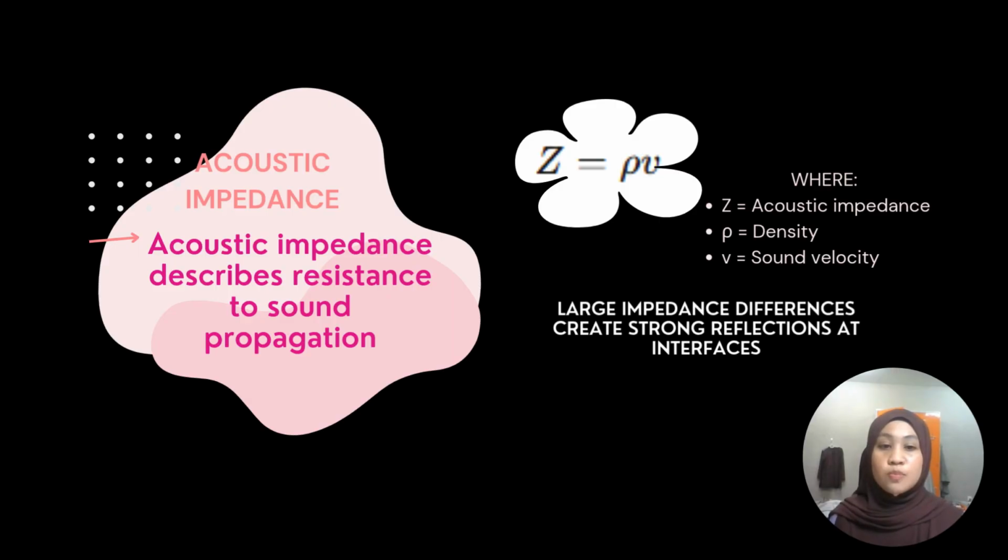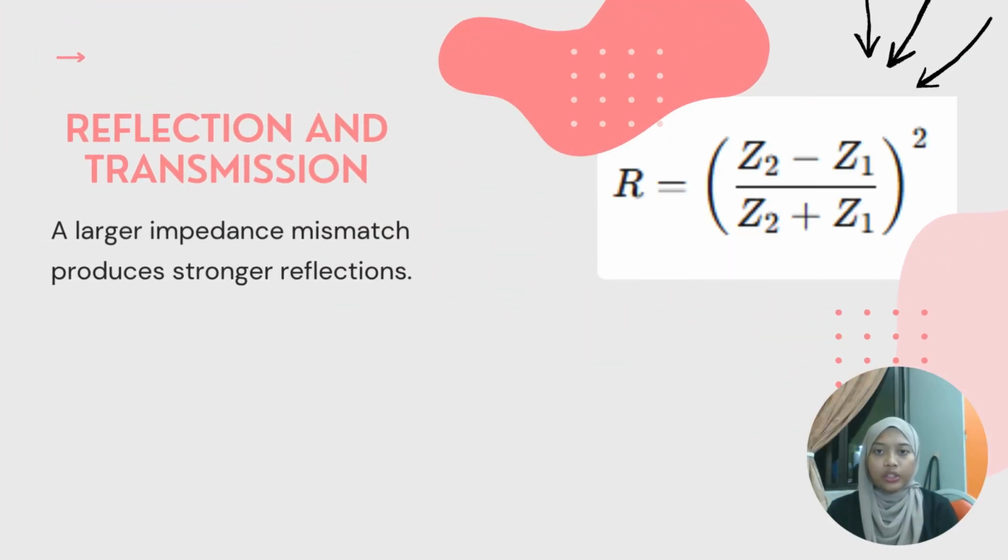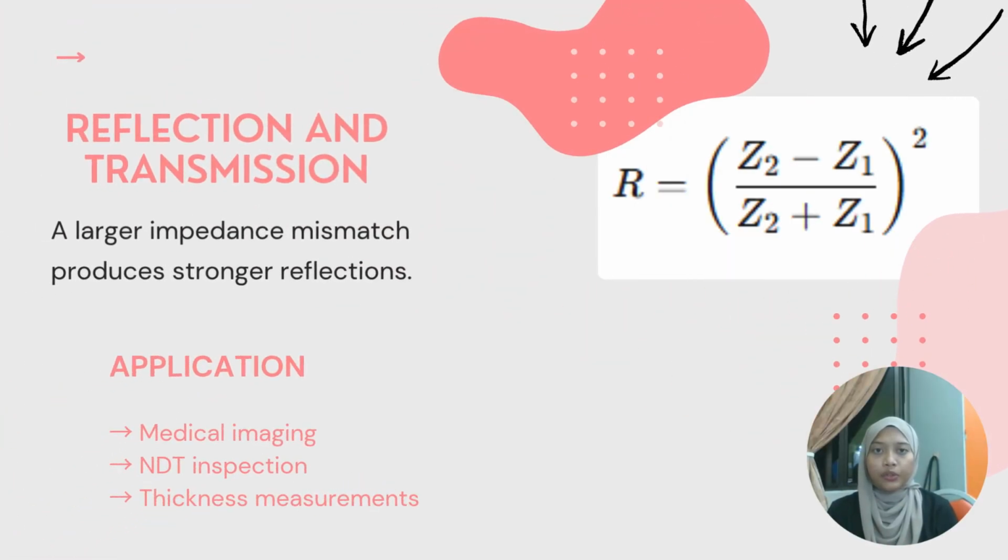To understand this process further, we need to examine wave reflection and transmission. When an ultrasound wave encounters a boundary between two materials, part of its energy is reflected and the other part is transmitted. The amount of reflected energy depends on the difference in acoustic impedance between the two materials. We can use R = ((Z_L − Z_0)/(Z_L + Z_0))², where Z_L is the load impedance and Z_0 is the characteristic impedance of the transmission line.